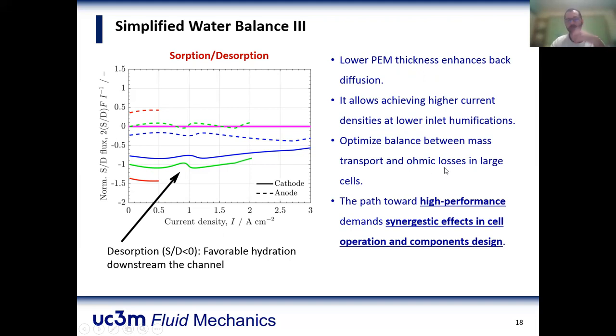Because of the water accumulation along the channel, we can decrease that by operating at lower humidification. The thin thickness is able to stop the ohmic losses at those low humidifications. So there is this synergistic effect between water balance and performance.